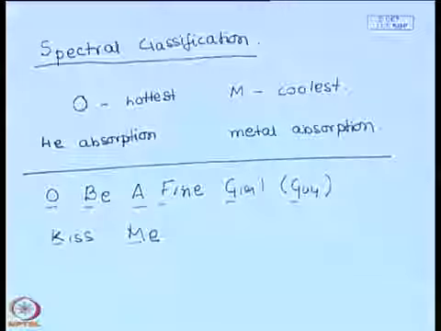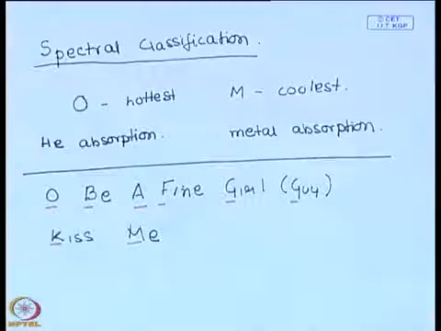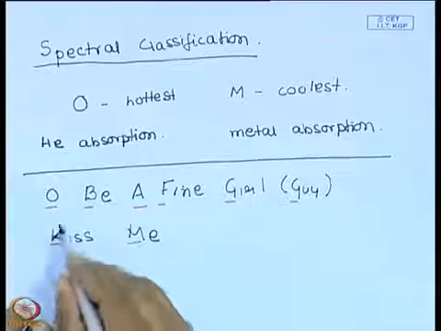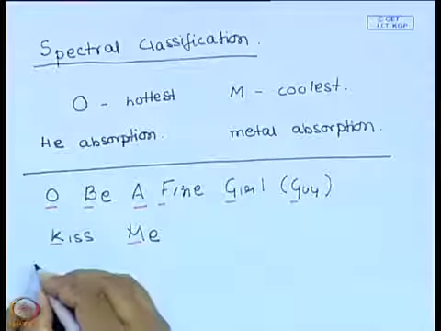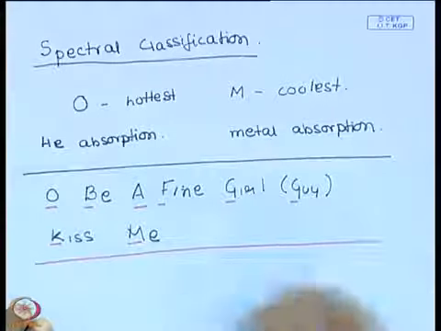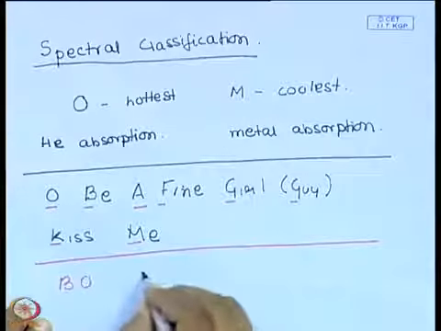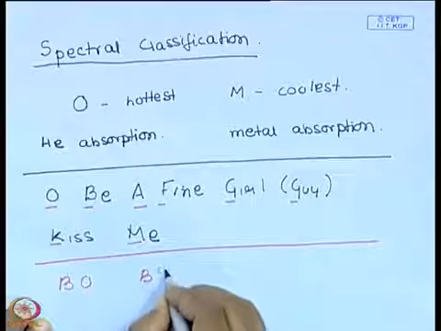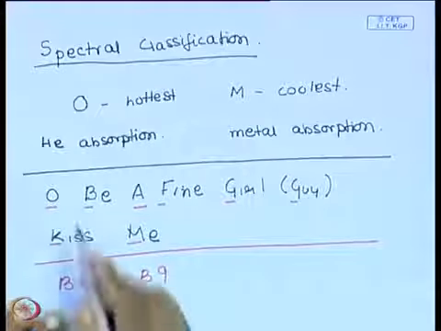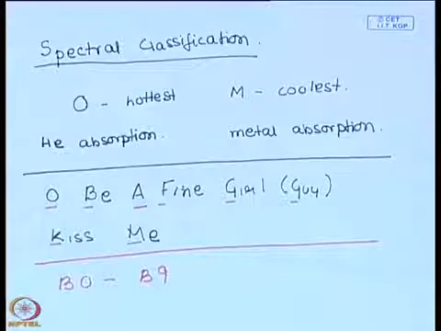There is a further subdivision inside this. So, the B stars, for example, you can have a subclassification, say B0 to B9. Okay. So, this holds for all of them. So, 0 to 9 is the subclass.